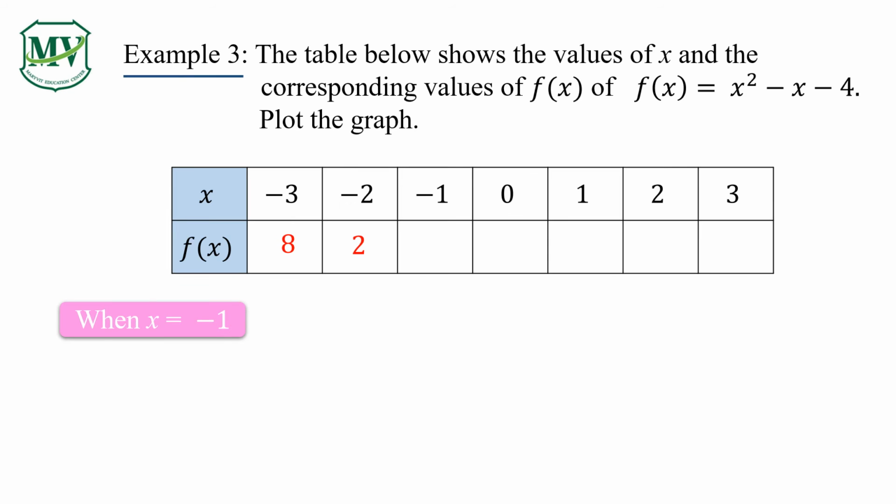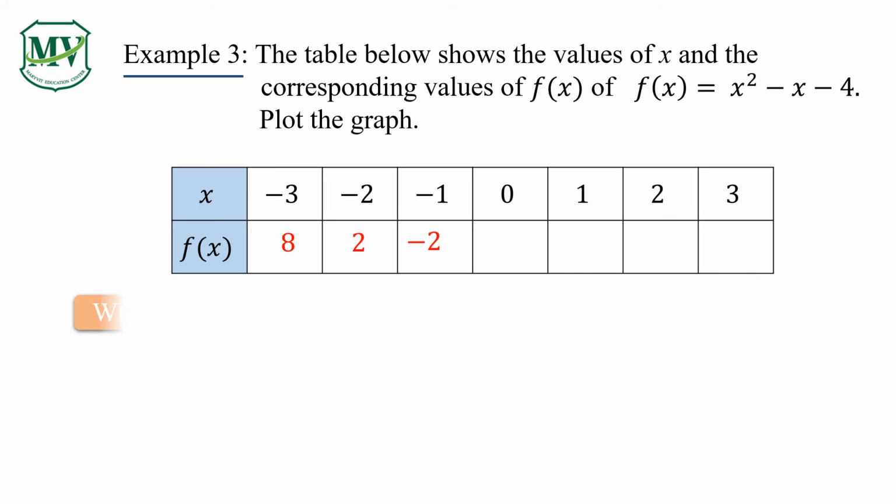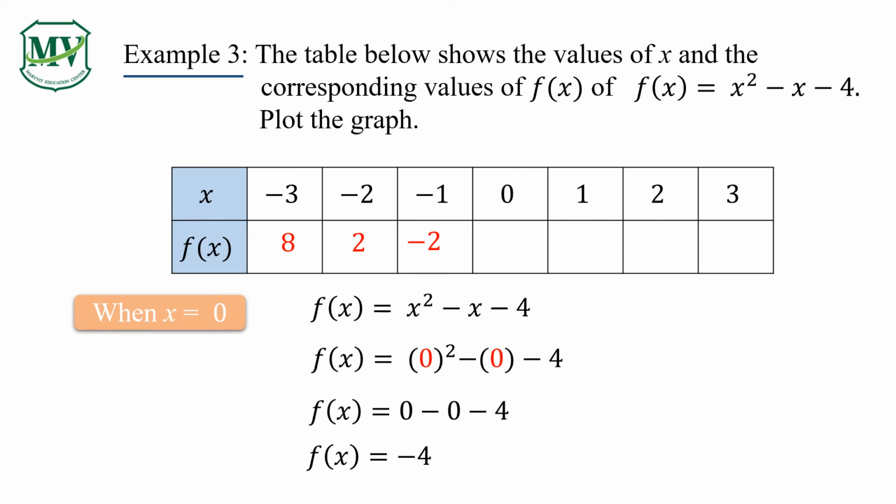Next, when x is equal to negative 1, the corresponding value of f of x is equal to negative 2. When x is equal to 0, the corresponding value of f of x is equal to negative 4.